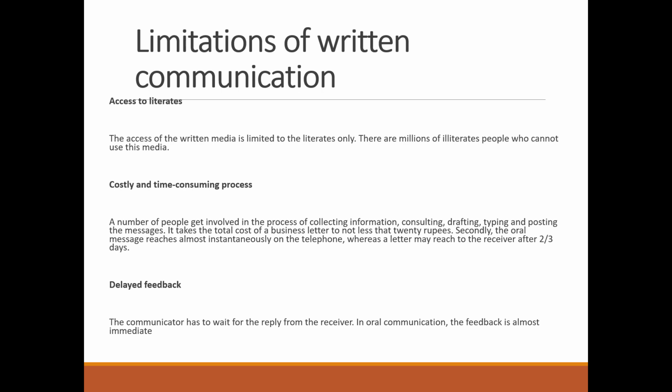Plus, one important thing is that the sender and receiver are face to face in oral communication, whereas in written communication they are apart. So it's not possible that whenever the sender is sending the message, the receiver is there to receive it. It may take some time for the receiver to take the message.